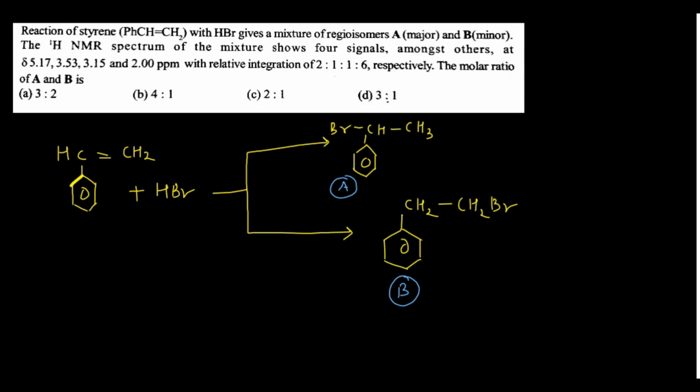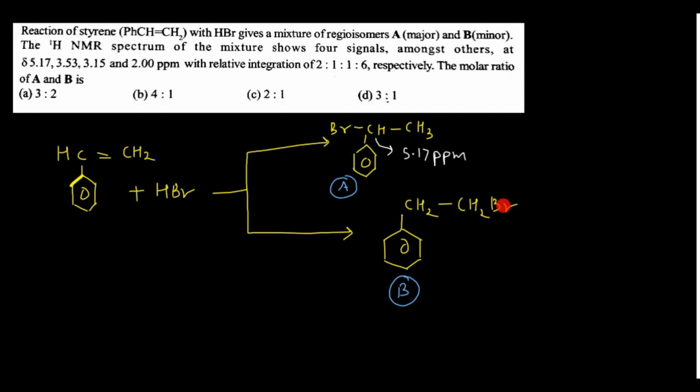So I can write the chemical shift of this one as 5.17 ppm. Now the next highest is the 3.53 chemical shift. Again this is next to the bromine, but here there are two hydrogens.